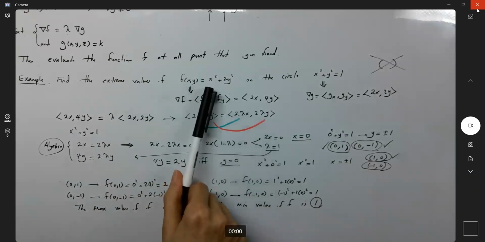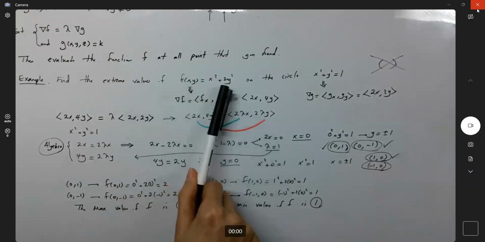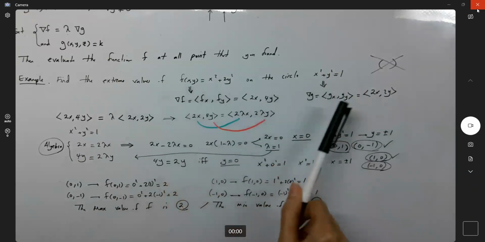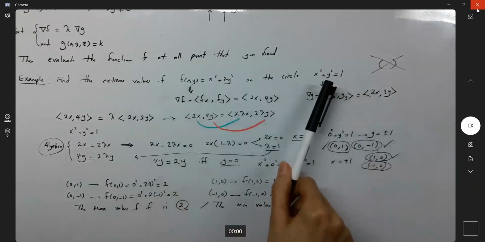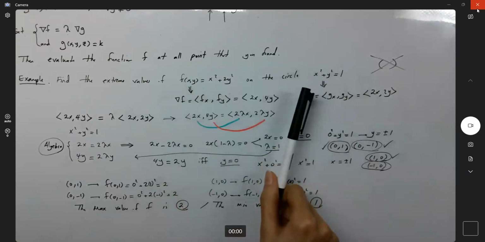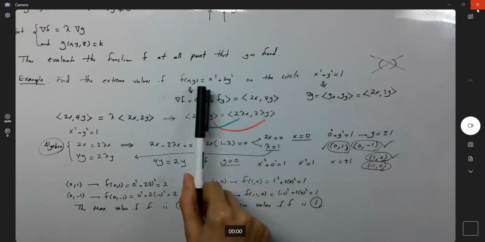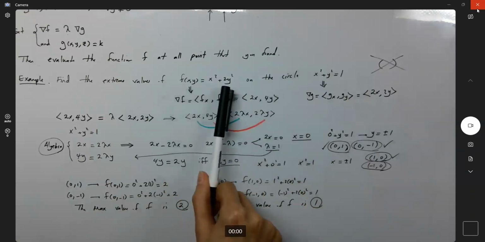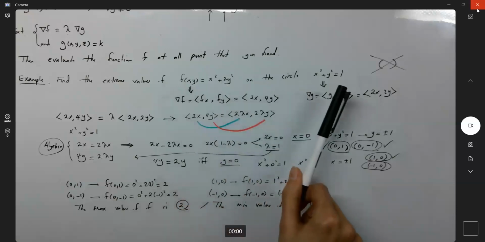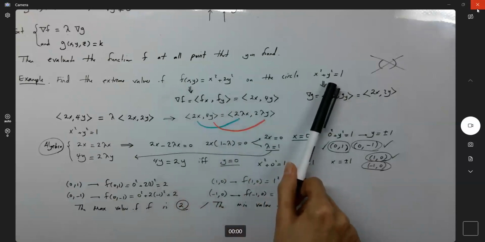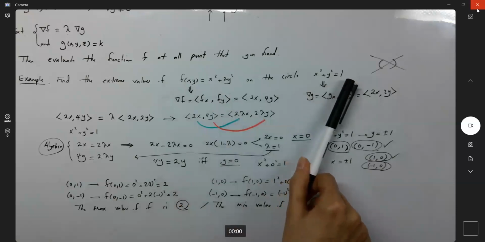You might be interested in finding the maximum and minimum value of this function over other constraints. This is the given constraint to us. This is our unit circle. And we found the maximum and minimum of this function restricted or constrained to x squared plus y squared equals 1.